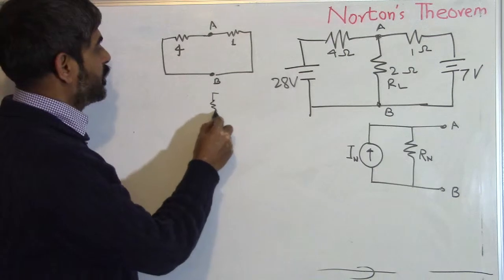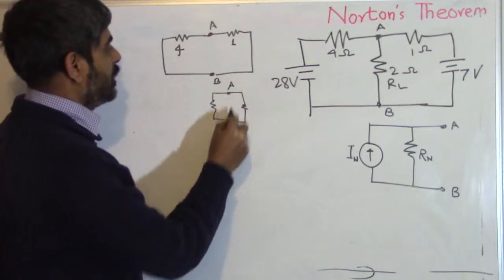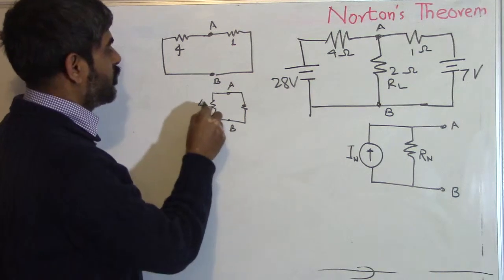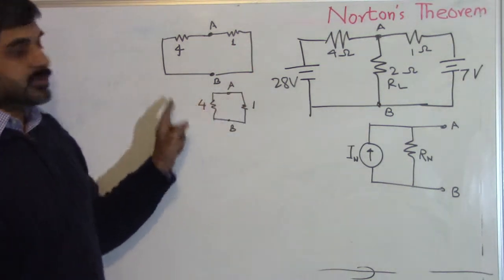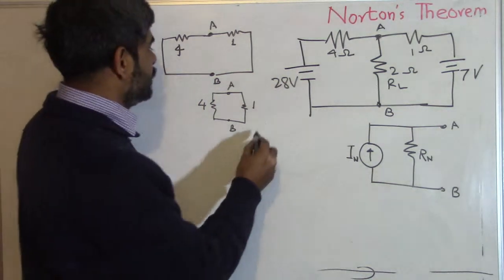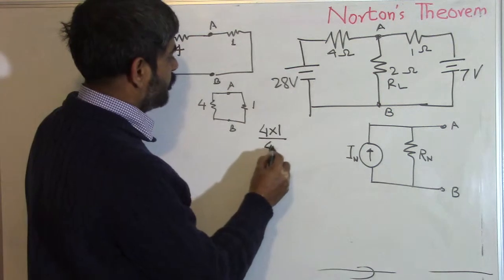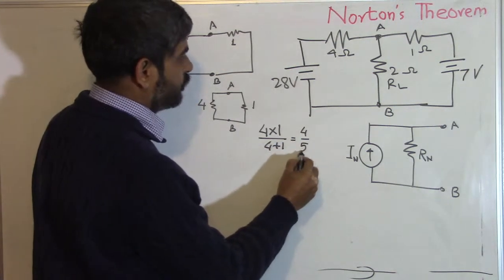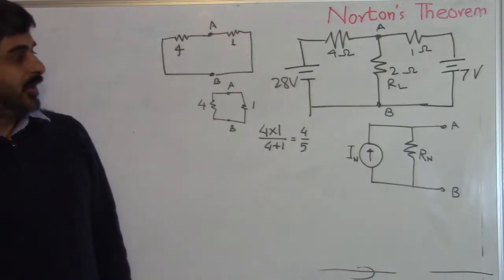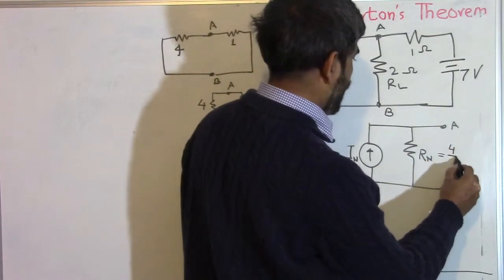If you want, you can redraw it with A and B, this 4 ohm, this 1 ohm. The equivalent resistance of these 2 parallel resistors is 4 into 1 divided by 4 plus 1, or 4 divided by 5. So we have calculated RN equal to 4 by 5 ohm.